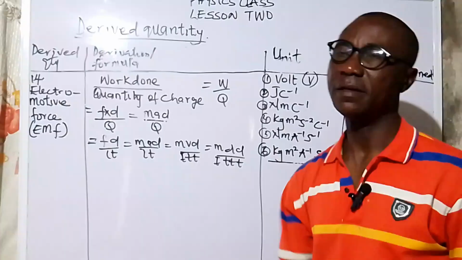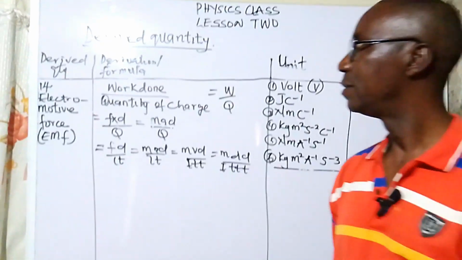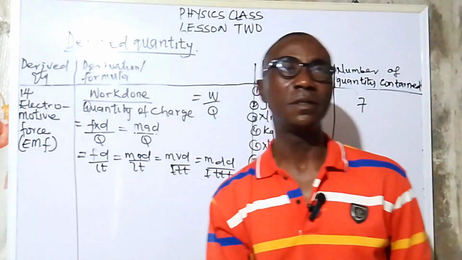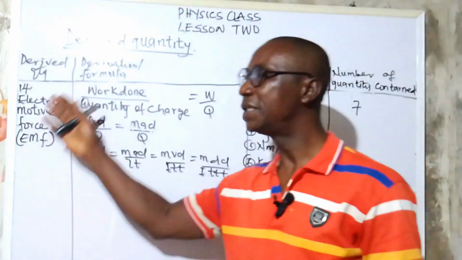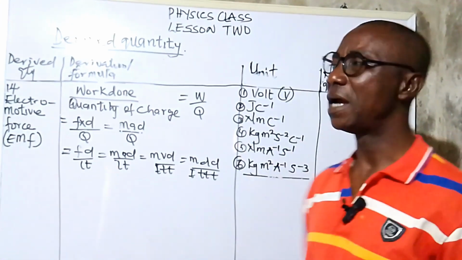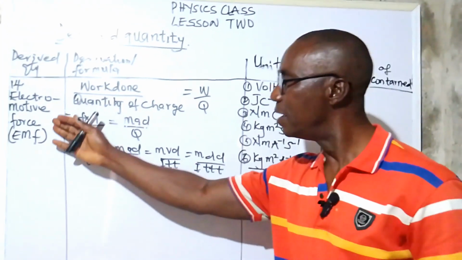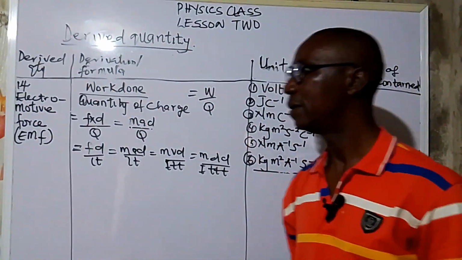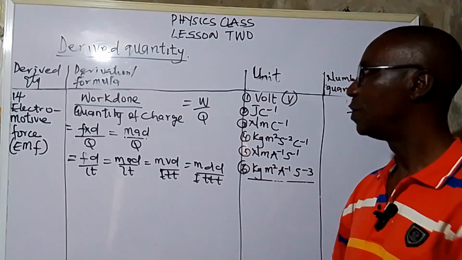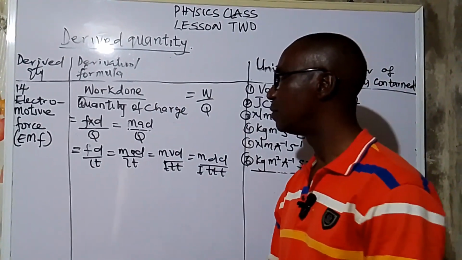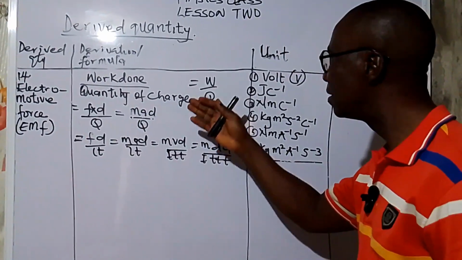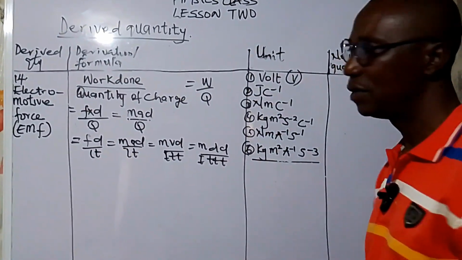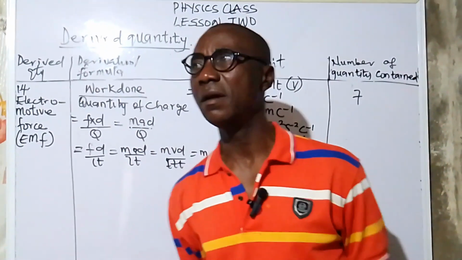But as I said in the beginning, there are many derived quantities, but time will not permit us to write all the derived quantities here. But from the list that we have written, if you are given any question on derived quantity, analyze the question like this. You should be able to answer any question under it.